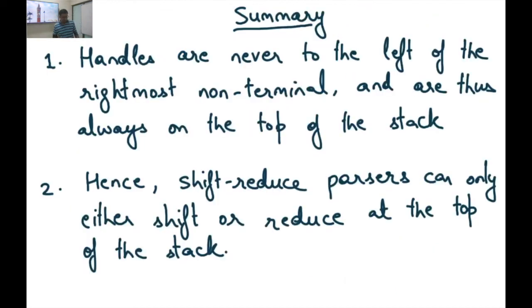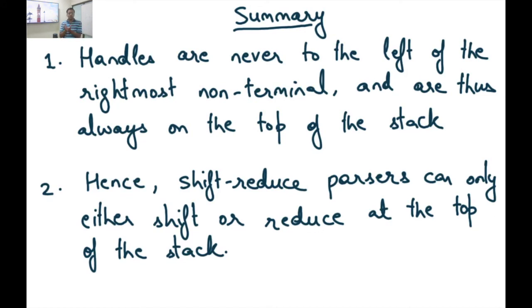So with that, to summarize, handles are never to the left of the rightmost non-terminal and are thus always on the top of the stack. So if I have some kind of a stack, then the handle is always on the top of the stack, because I can't ever say that the handle is somewhere in the middle.